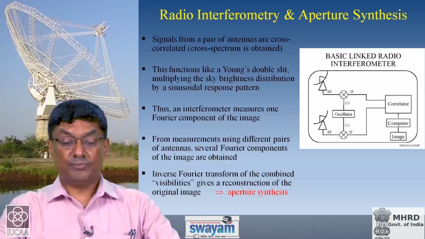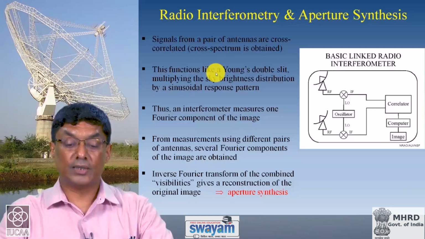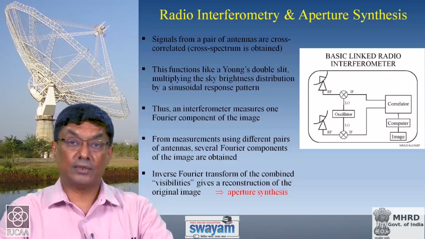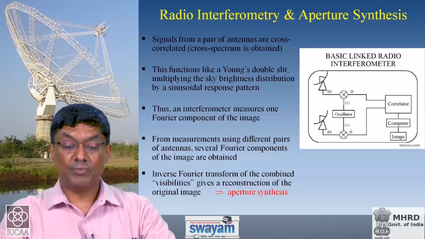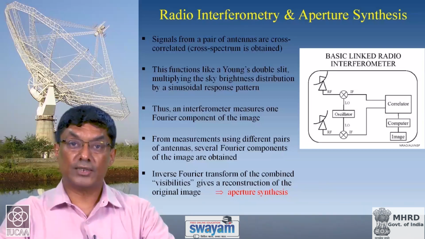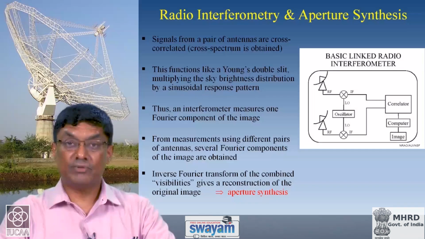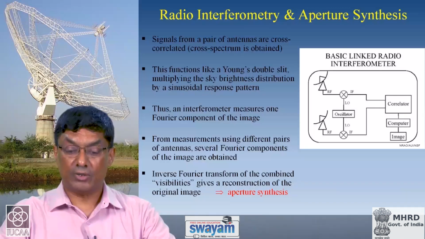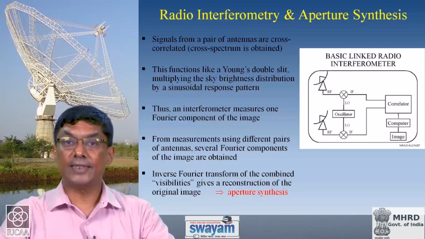For those of you who are familiar with Young's double slit, each pair of antennas effectively acts like a double slit. What that means is that when you combine the signals from a pair of antennas by correlating them in what is called a correlator to get the cross spectrum, you are effectively picking up one sinusoidal oscillation on the sky plane. You are measuring one Fourier component of the spatial distribution of intensity on the sky, which is a two-dimensional spatial intensity distribution.